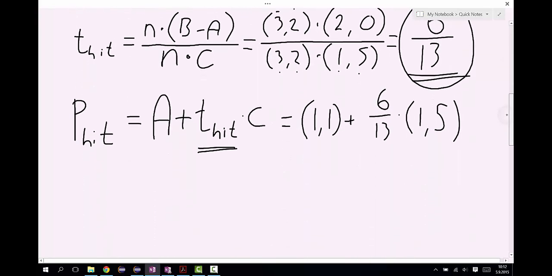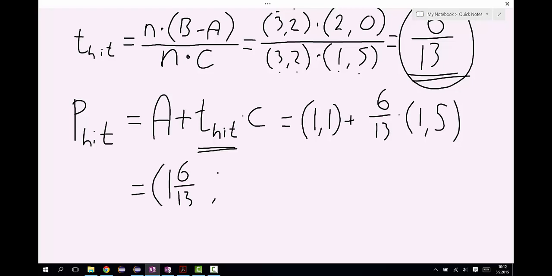So let's see what we get here. That gives us 1 and 6/13. And then it gives us 1 plus 5 times 6/13.